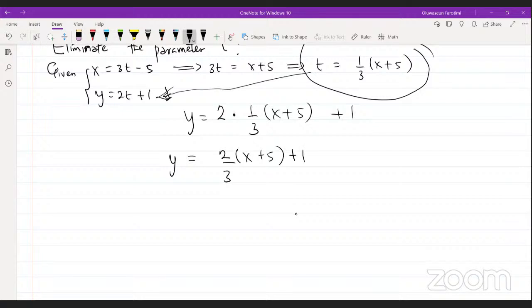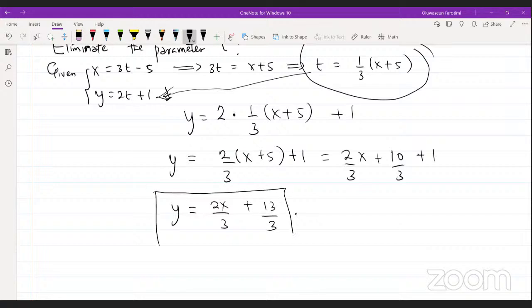So let's see. y equals 2/3 times (x plus 5) plus 1. Now let's expand this. You have 2/3 x plus 2/3 times 5, which is 10/3, plus 1. Now when you combine these, this is equal to 2x/3 plus 13/3.